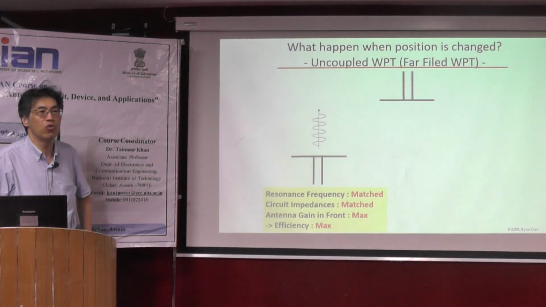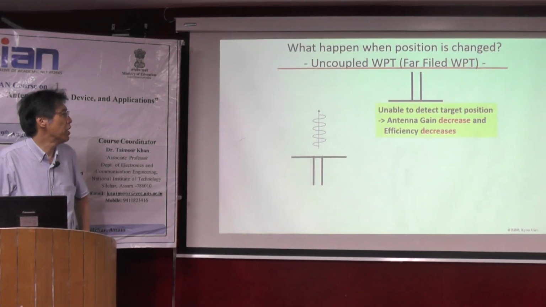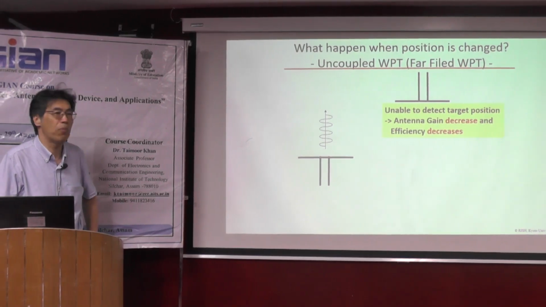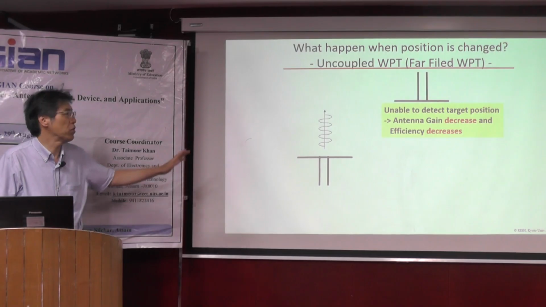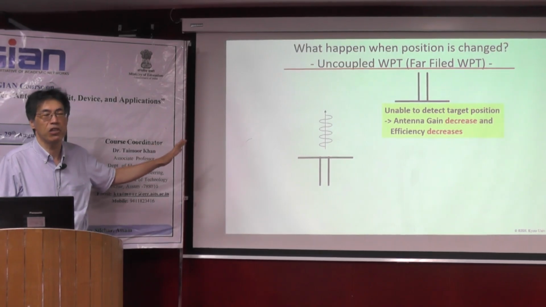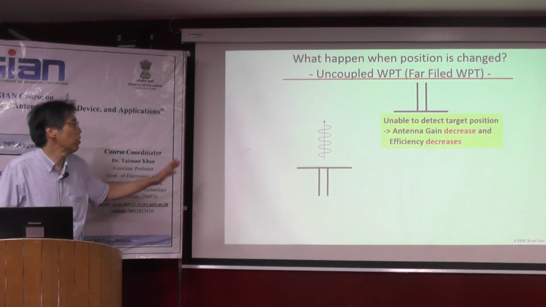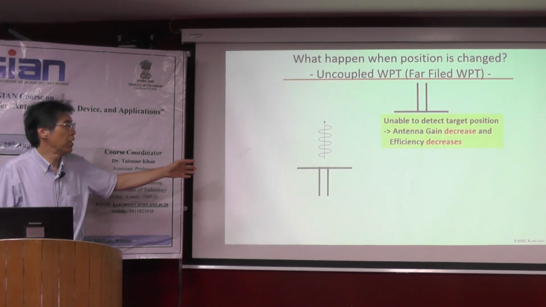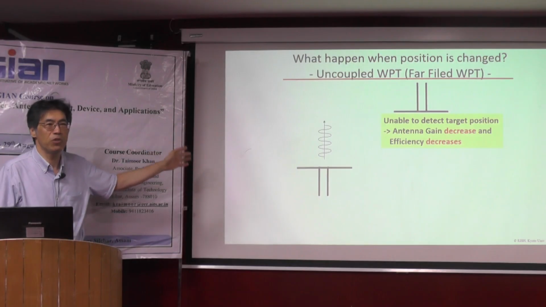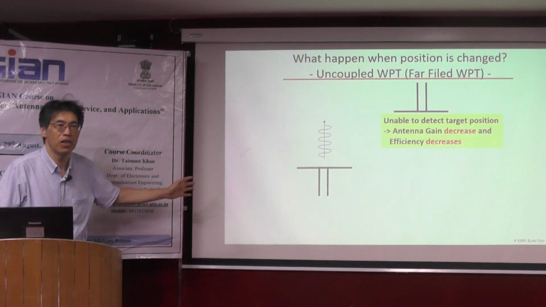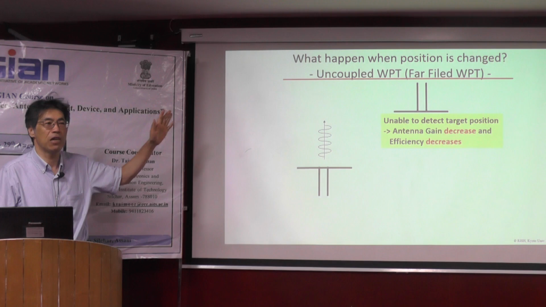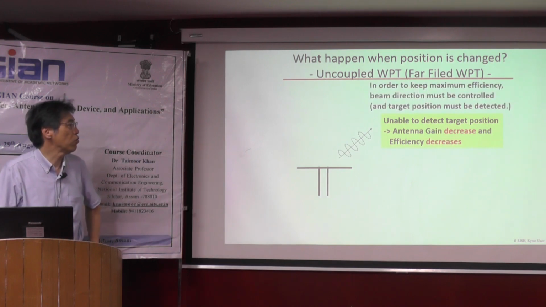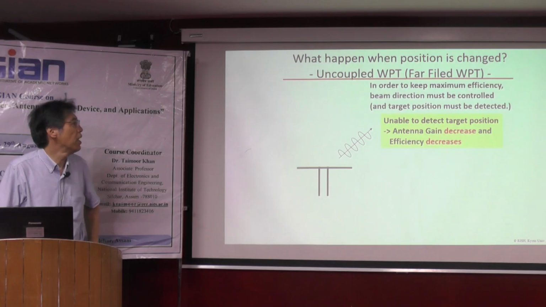So when the user moves, the transmitter cannot understand what happened, because there is no electromagnetic coupling. The beam is transmitted just in front, and keeps the front beam in this case. So efficiency suddenly decreases. So how do we keep the beam efficiency?